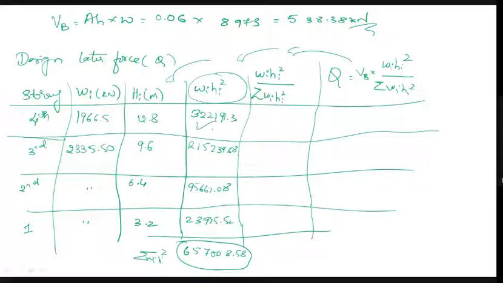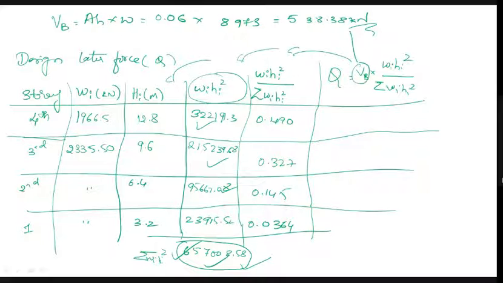Therefore, this divided by this, it will be equal to 0.490. Now this divided by this, it will be 0.327. This upon this, it will be 0.145. Similarly, it will be 0.0364.